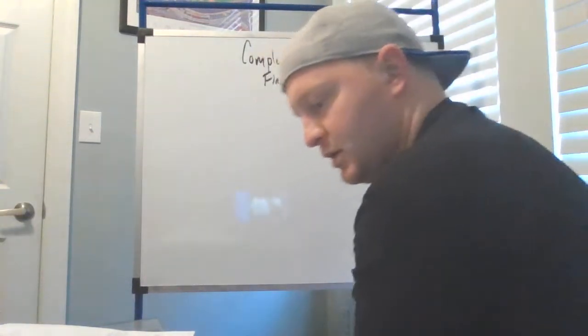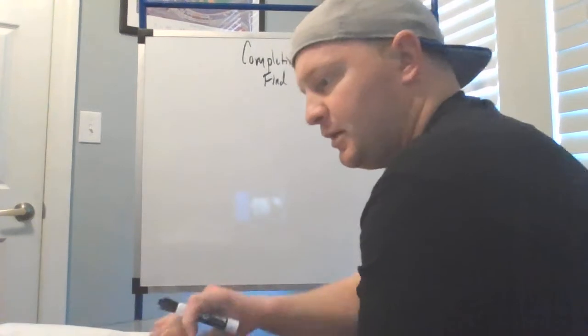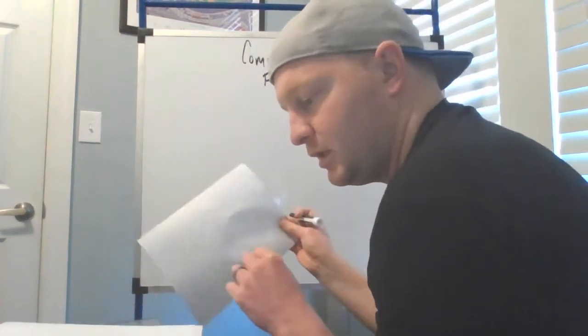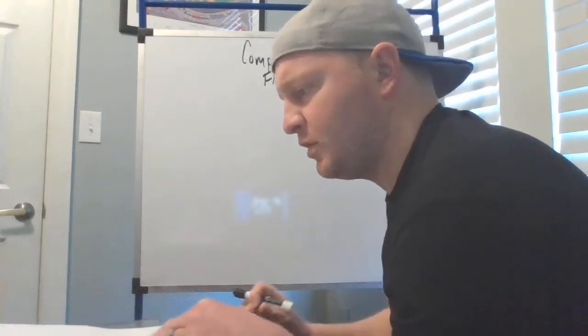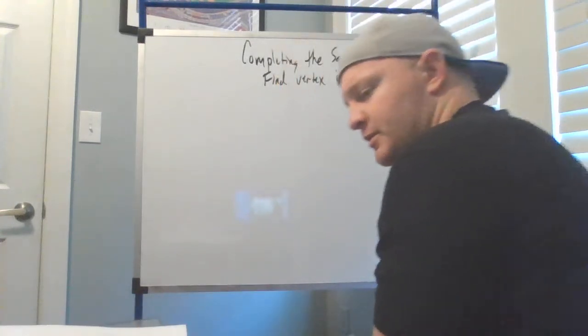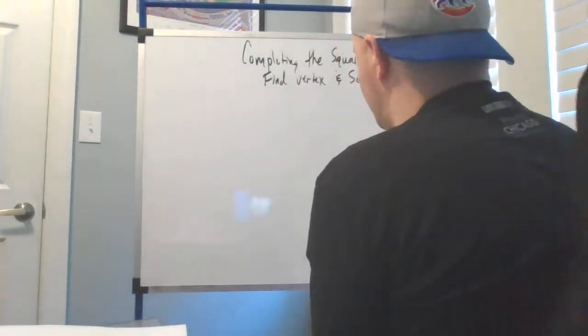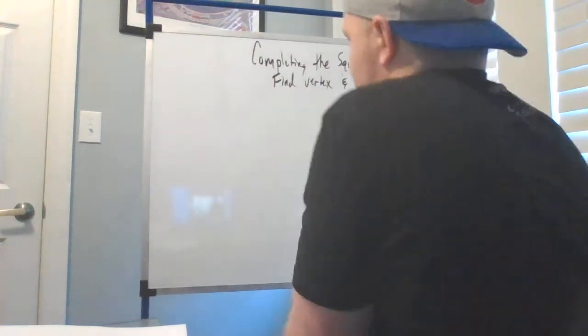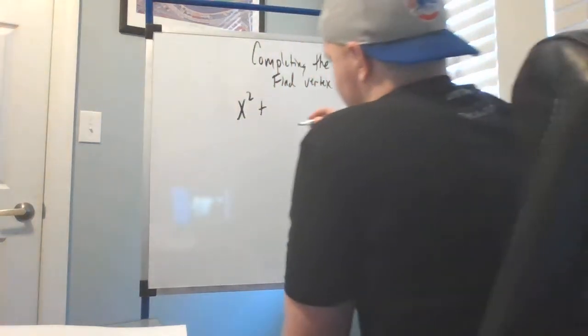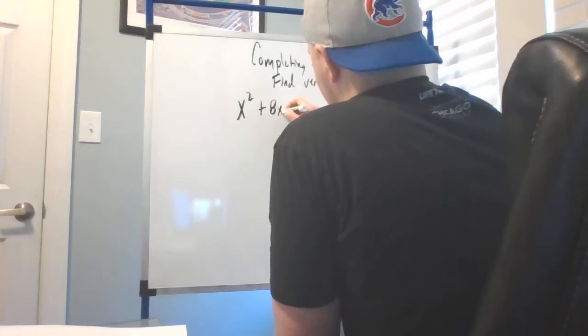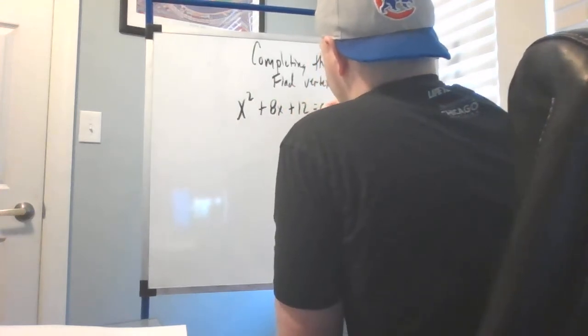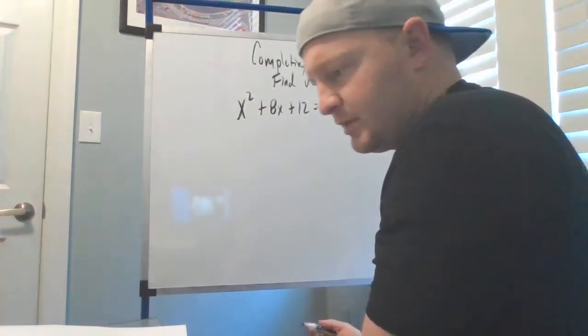So now let's do one more easy one, and then I'll do a couple challenging ones, okay? Let's say I had x squared plus 8x plus 12 equals 0. Let's just say we're doing it like this, okay?